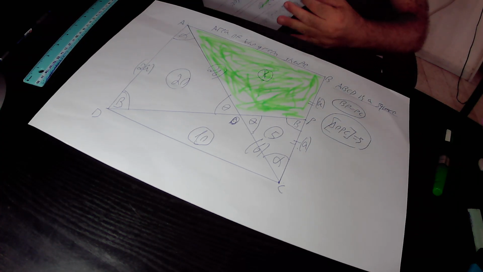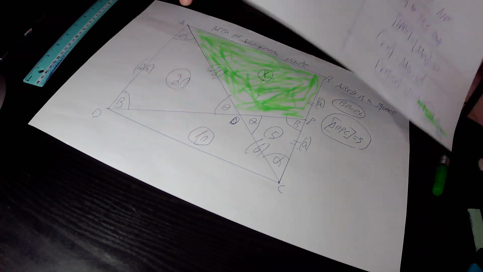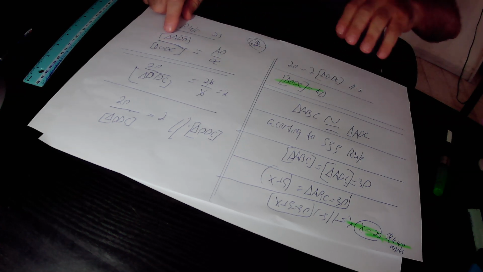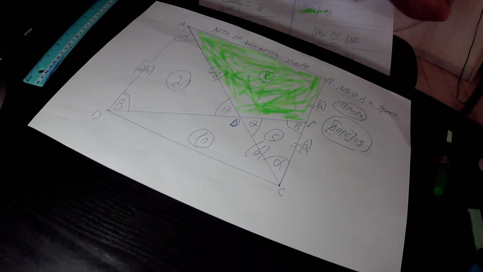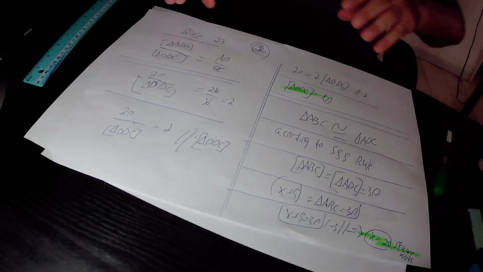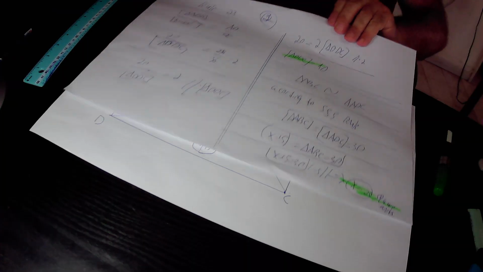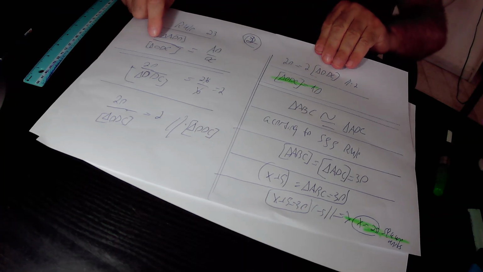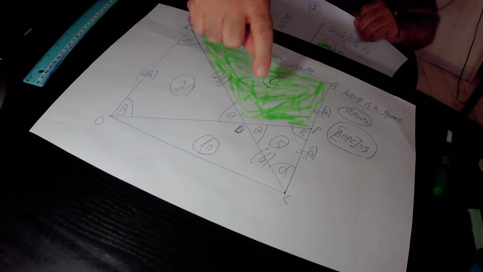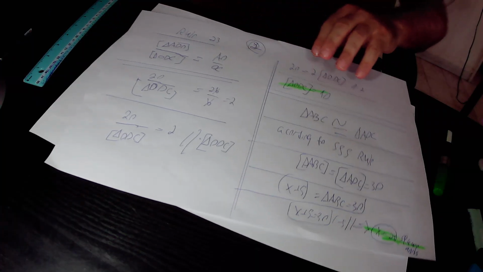Again, according to Rule 23, the area of the small triangle AOD over the area of triangle ODC is equal to the ratio between their corresponding bases, that is AO over OC.